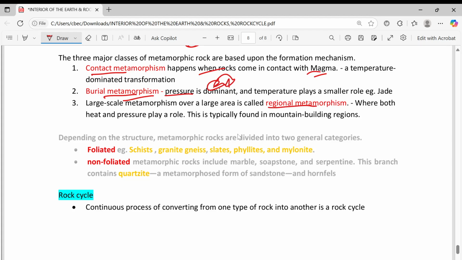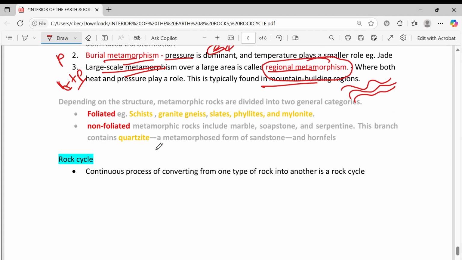Regional means, for example, a hilly mountain where folding is there, a big area: regional metamorphism. Contact is high temperature, burial is high pressure, and regional is high temperature plus pressure on a large scale.